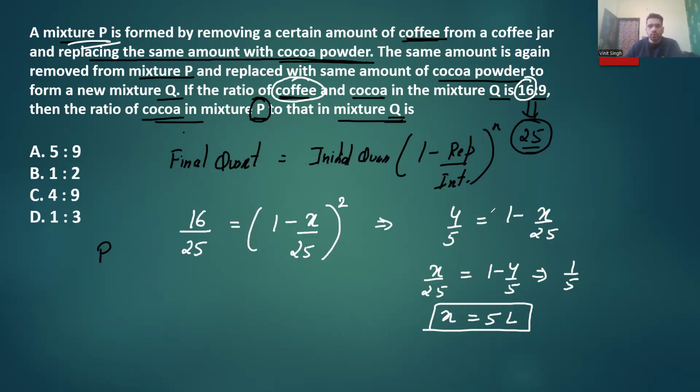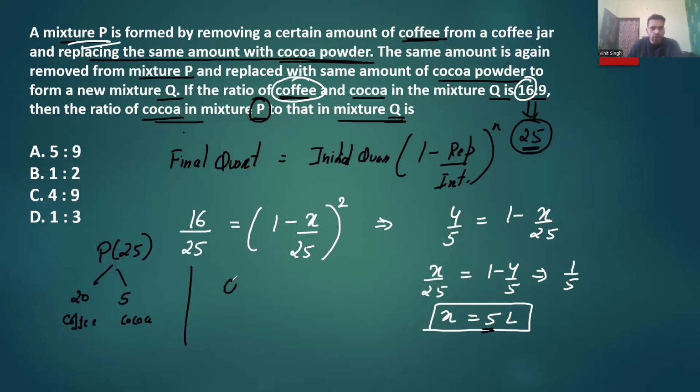Total quantity is 25 and replace is 5 liter, 5 kg, whatever. So coffee becomes 20 and cocoa becomes 5. This is the coffee and cocoa in mixture P.